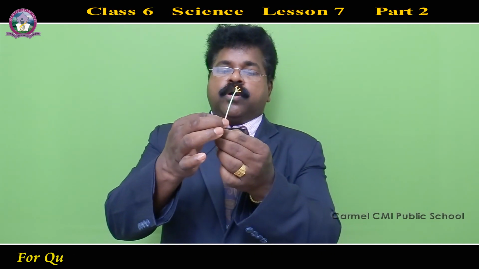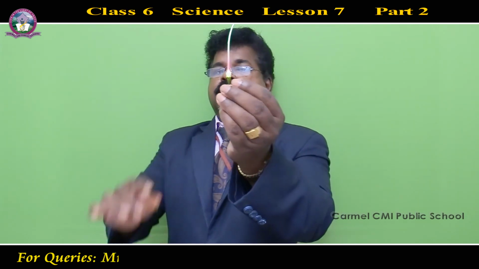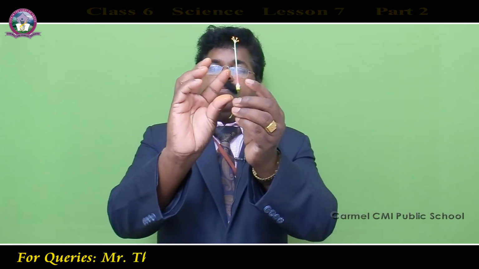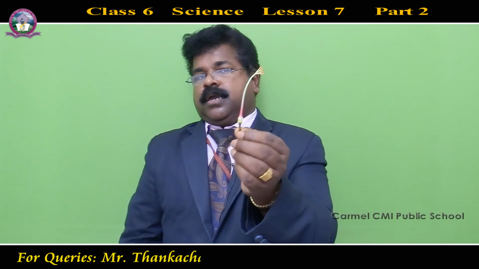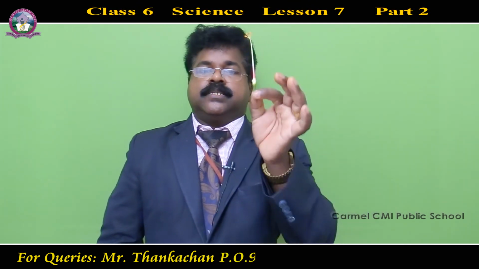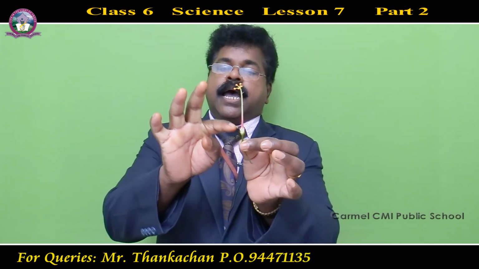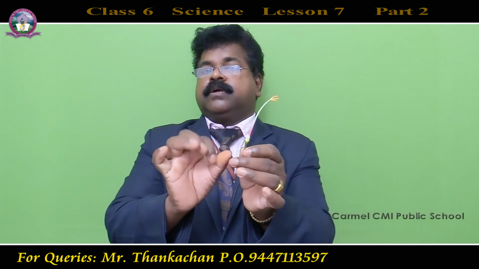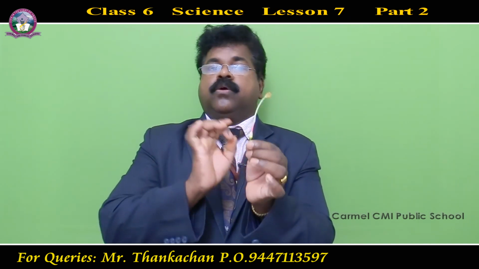At the lowermost part, you can find a bulbous, enlarged portion. It is known as ovary. So pistil consists of three parts: stigma, style, and ovary.